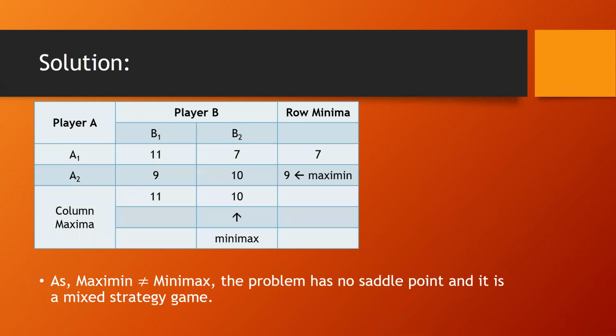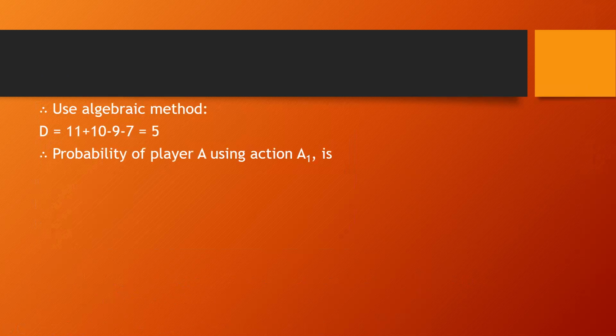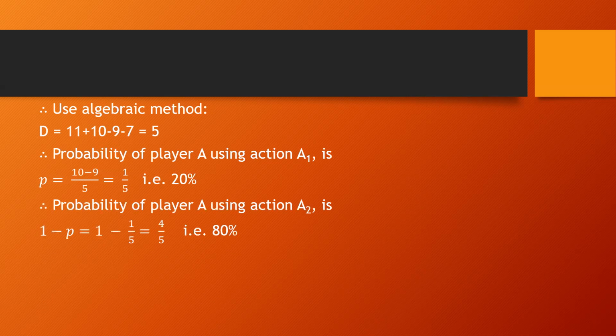So 10 minus 9 divided by D. When we do that, we get 1 by 5, that is 20%. And once we get the value of P, the value of 1 minus P will be 4 by 5, which is nothing but 80% probability, or we can say 0.8, and P is 0.2.